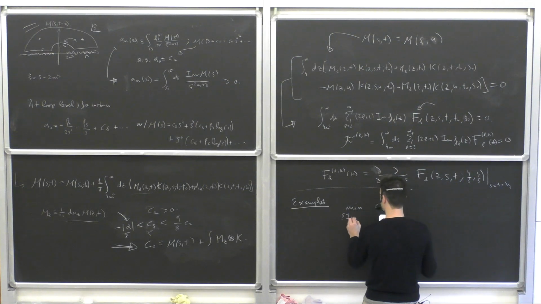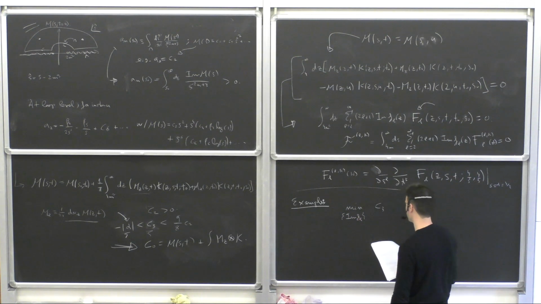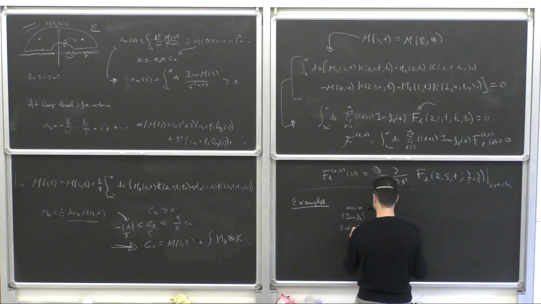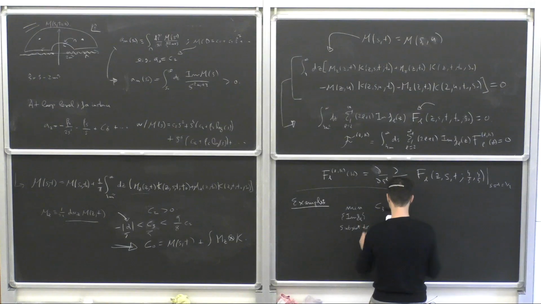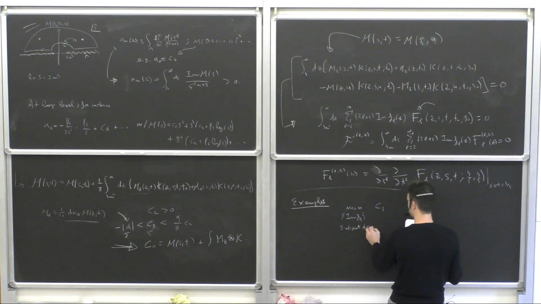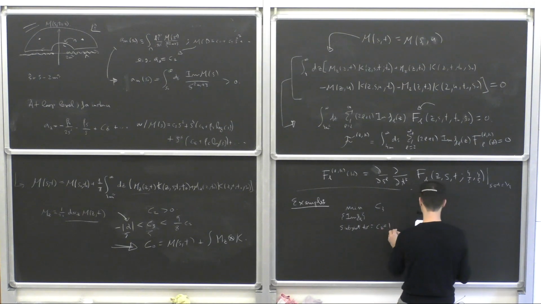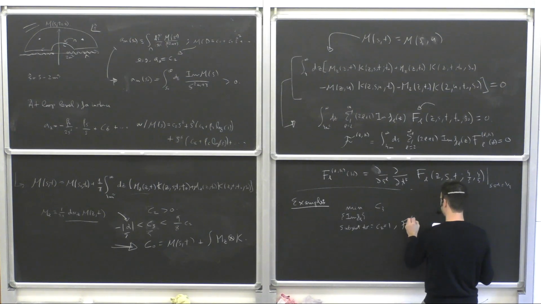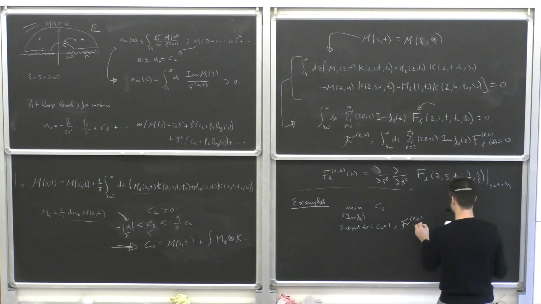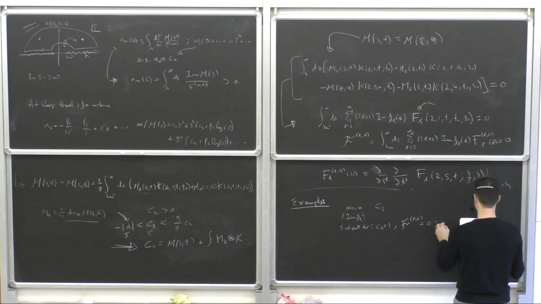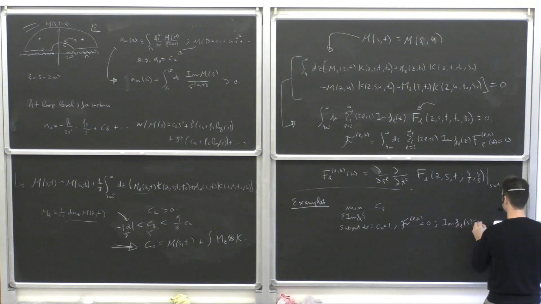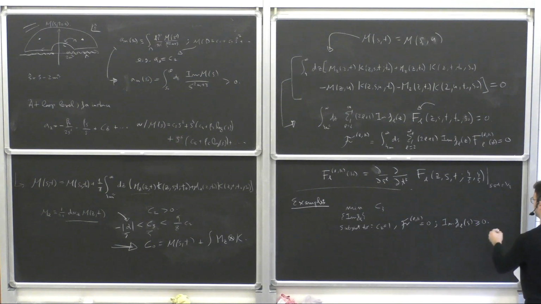Let's say varying the Im of F_L, subject to, and now I put the constraints, C2 equal 1, curly F of LK equals 0, and Im of F_L of s larger than 0 for physical energies.